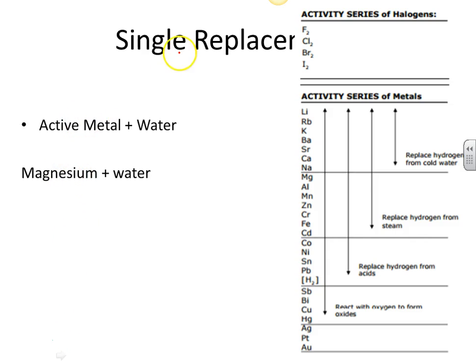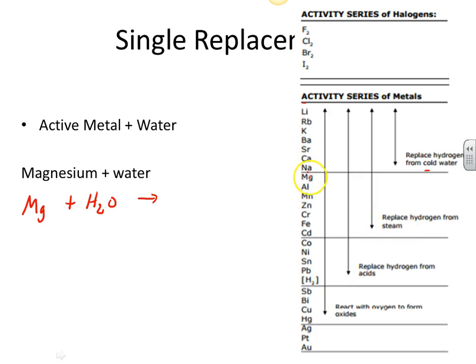Now, let's try another. This is a single replacement where we have an active metal with water. An active metal is going to be a metal that can replace hydrogen from water. So let's just take a look at this first. We've got magnesium plus water, Mg plus H2O. We look at the activity series, and there's some other things added out here. The elements in this group, from lithium down through sodium, can replace hydrogen from cold water.